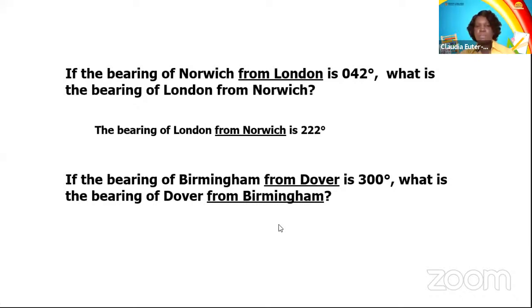So remember that we had said before, Nico, that to get the return journey, you would add or subtract 180 degrees. So if you went in a turn of 042 degrees, that means that you're going to be going back somewhere. So that means that the angle falls between 0 degrees and 360 degrees, and you want to let it fall within that range.